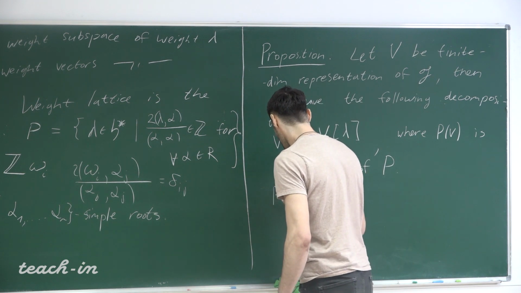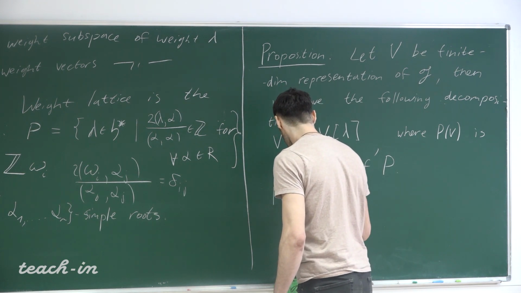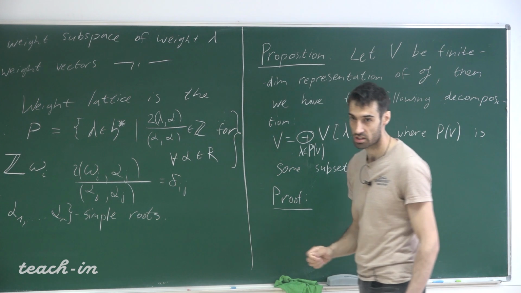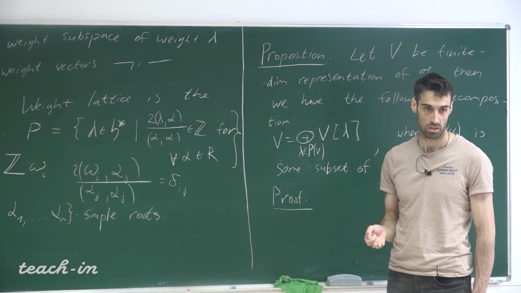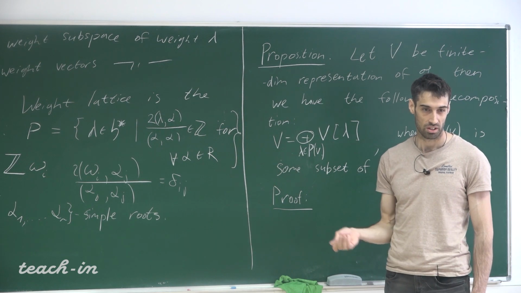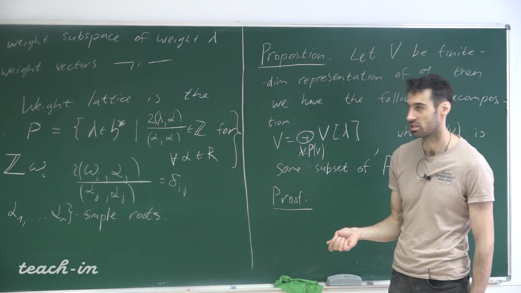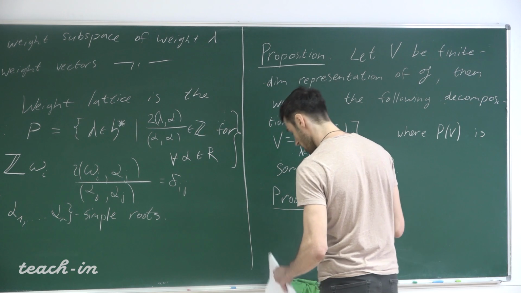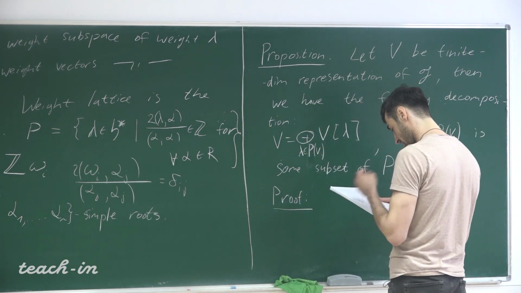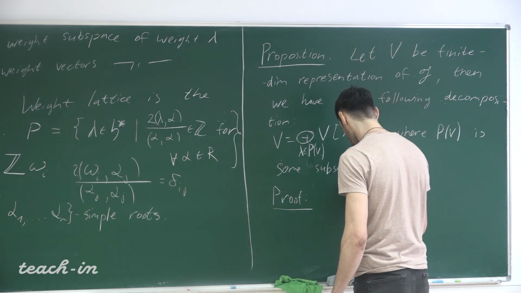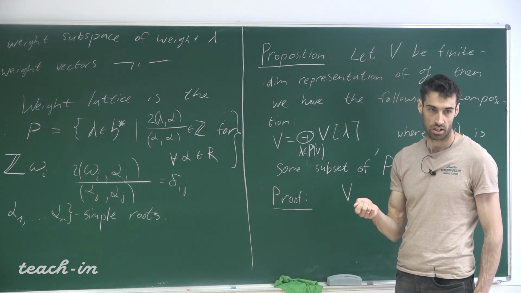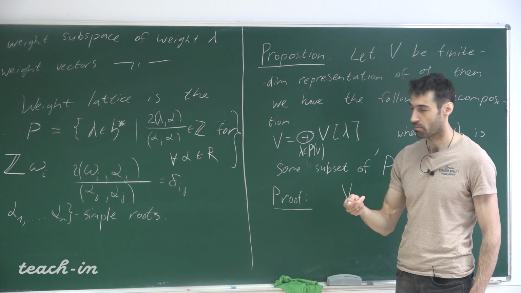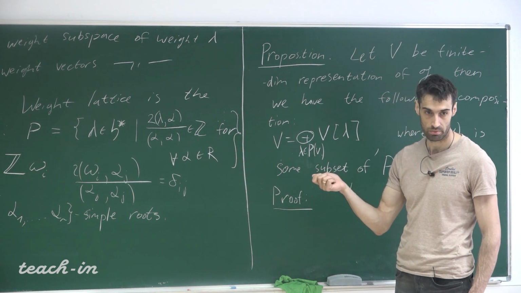Okay, so let's see this. Again, the approach to proving a lot of stuff here is to use representation theory of SL2. Since we have SL2 triples, this will give us a lot of things. In particular, SL2 alpha, for each root alpha, is a Lie subalgebra in G, right?